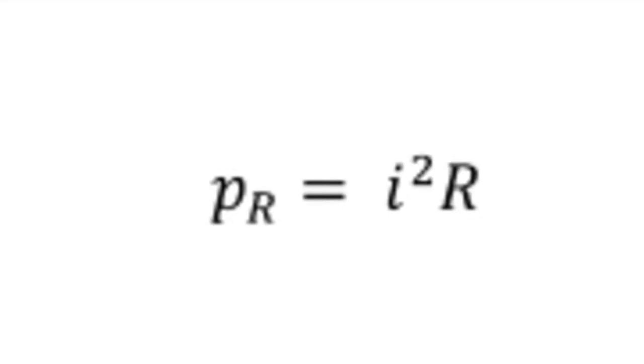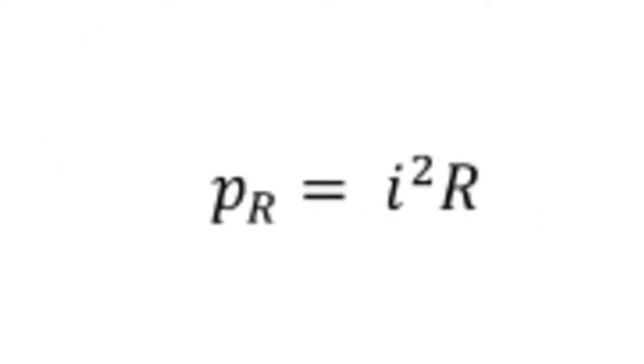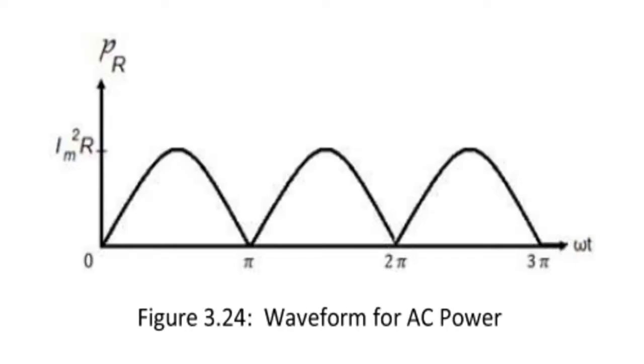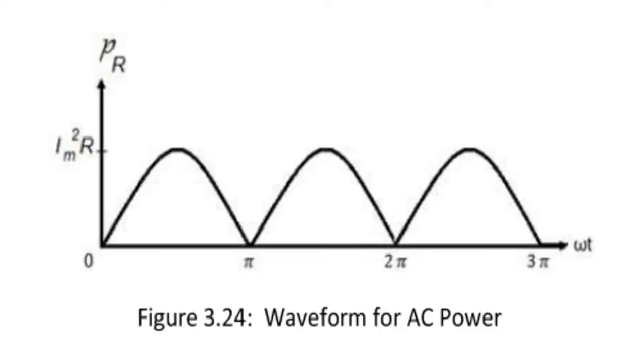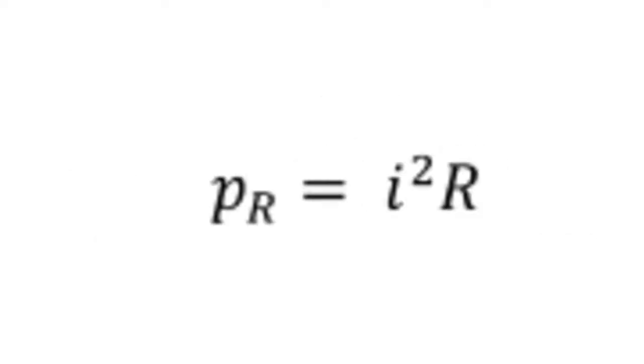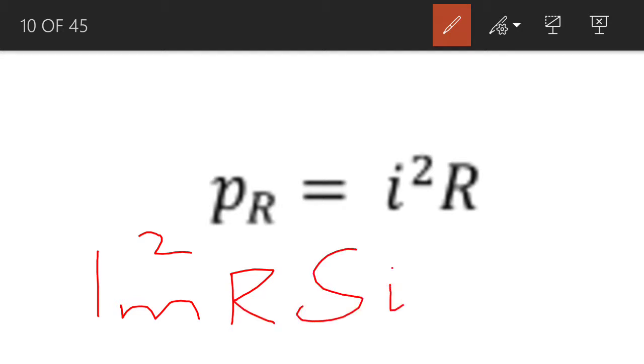If we put the value of the AC current in this equation, the power will be equal to Im square into R into sine square omega t.